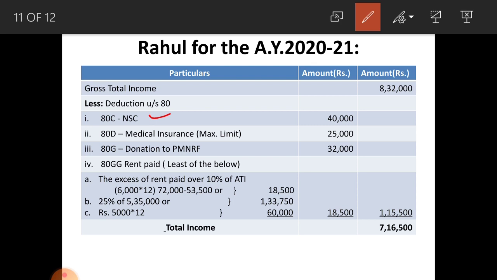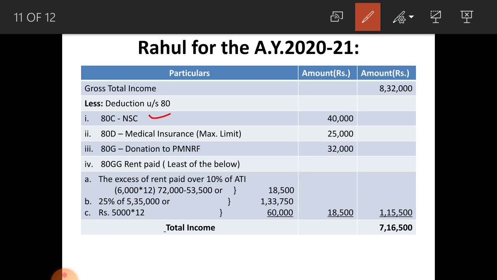Here carefully listen, the calculation of adjusted total income, that is 8,32,000 gross total income minus 2 lakhs rupees long term capital gain minus 80C 40,000, 80D 25,000 and 80G 32,000.